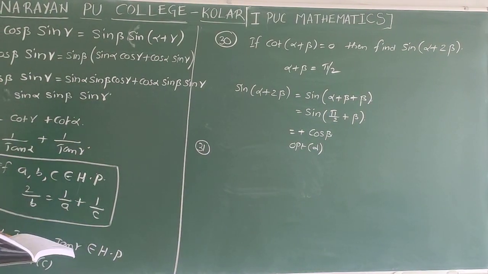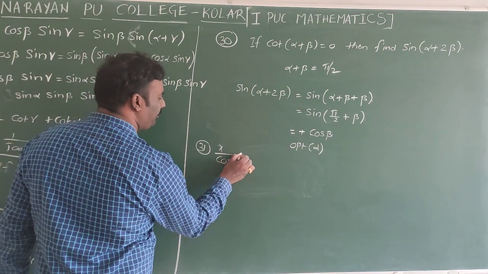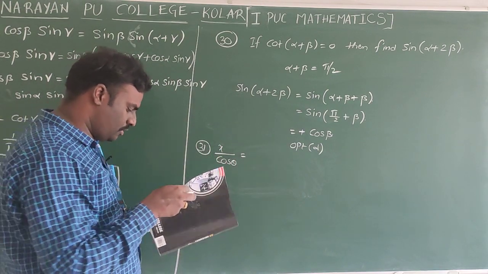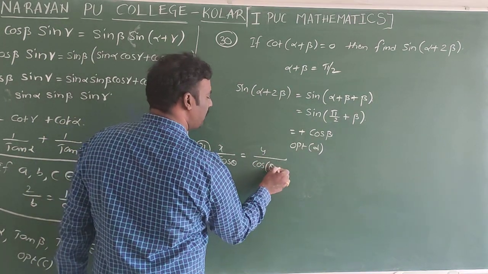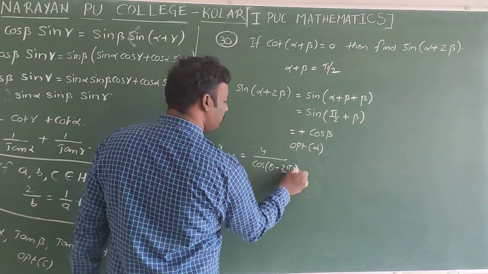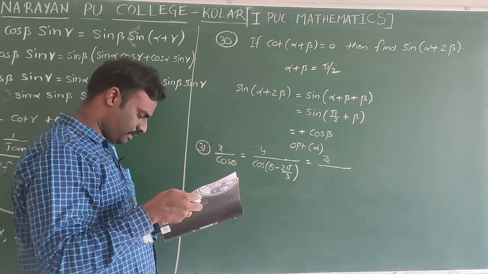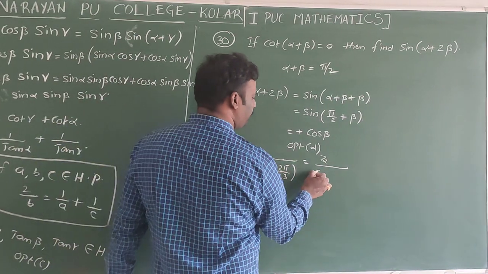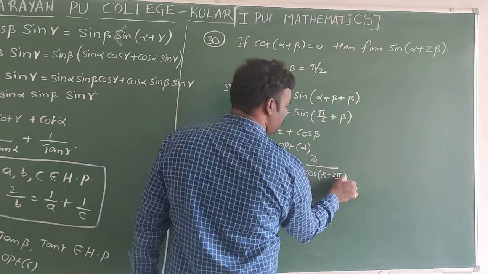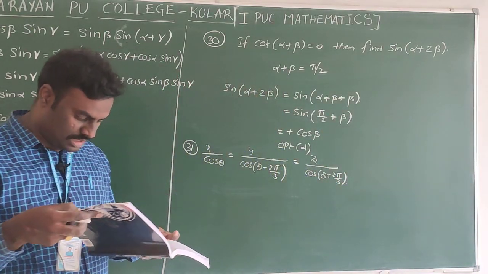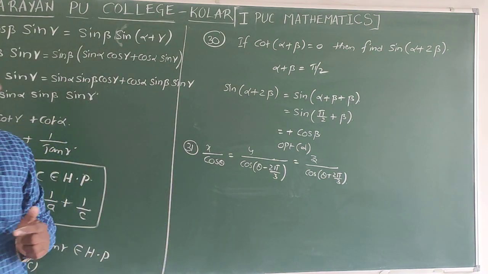See, in question number 31 they have given x by cos theta is equal to y by cos of theta minus 2 pi by 3, that equals z by cos of theta plus 2 pi by 3. So this is given. Then we need to find the value of x plus y plus z.